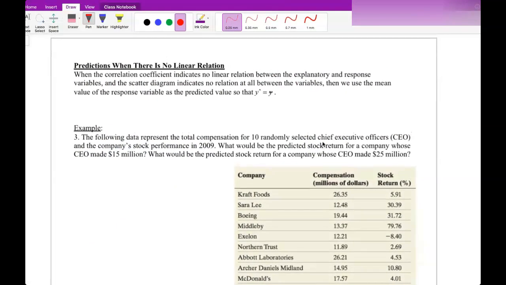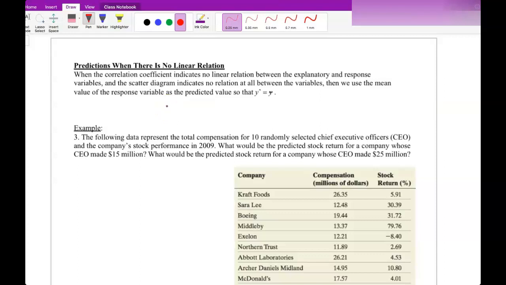Okay, now next page, predictions when there is no linear relation. Remember, for having a linear relation, we should compare the absolute value of the correlation coefficient with the critical value using the table on page number 4 from the previous section.